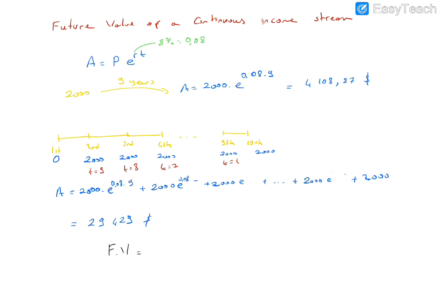Let's correct it: 0.08 times 9, 0.08 times 8, 0.08 times 7, 0.08 times 1. Yes. So the future value for the 10 year period from 0 to 10 is the integral of 2000 e to power 0.08 (10 minus t) dt.